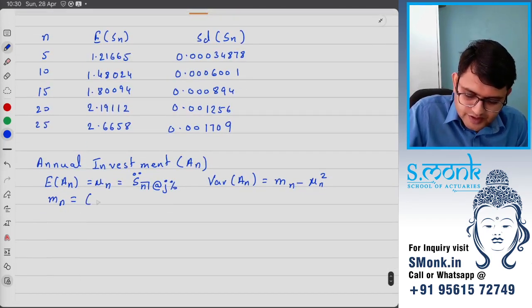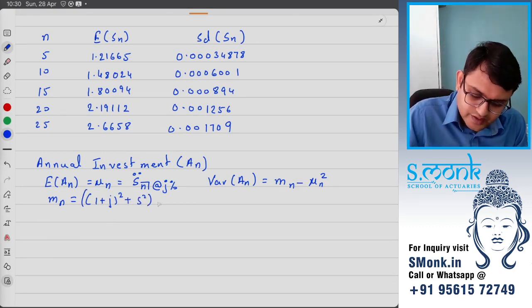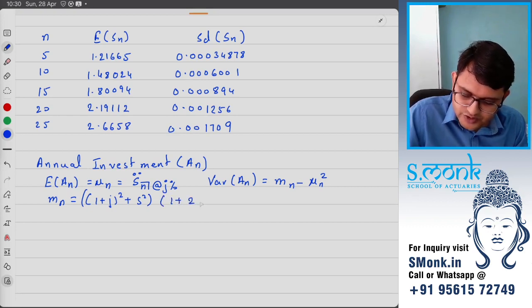So that is basically 1 plus j square plus s square, 1 plus j square s square into 1 plus 2 mu m minus 1 plus m n minus 1.